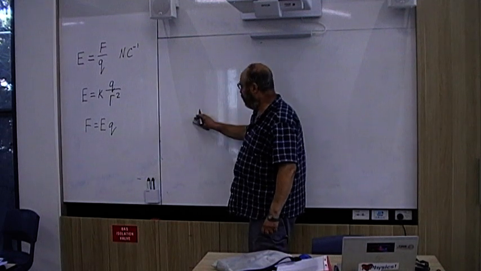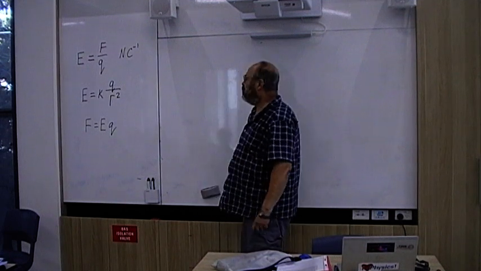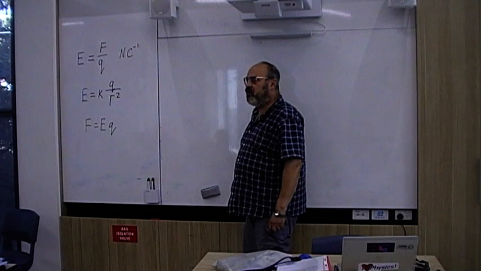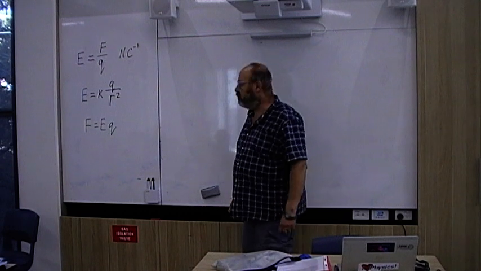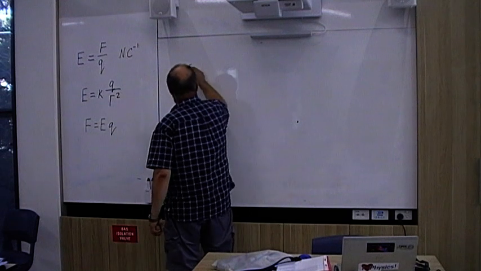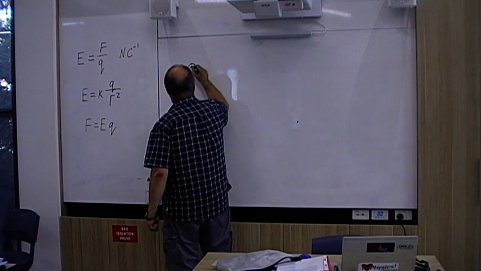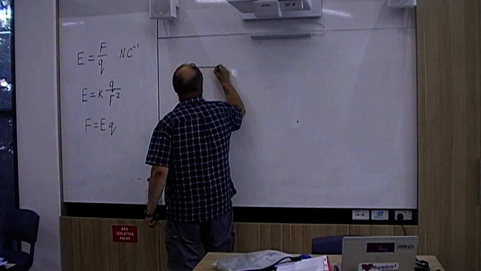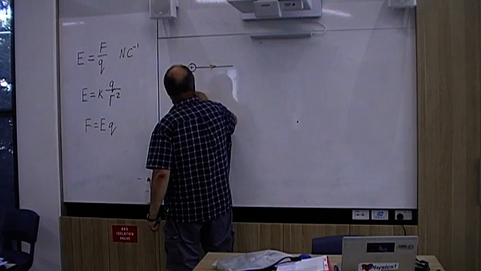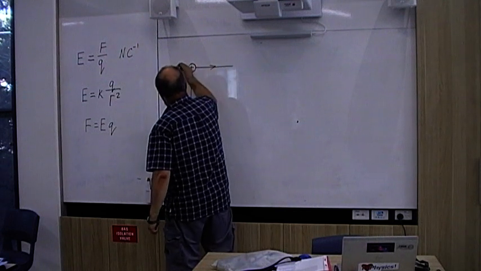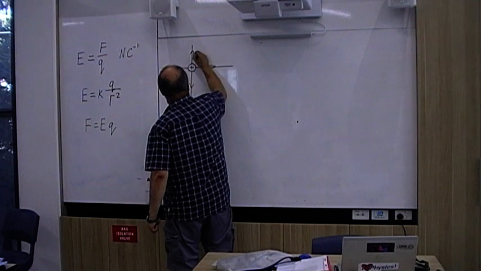And let's consider the different cases of the electric field. For example, we have a single charge. We draw lines of electric field. What is the sense of those lines?